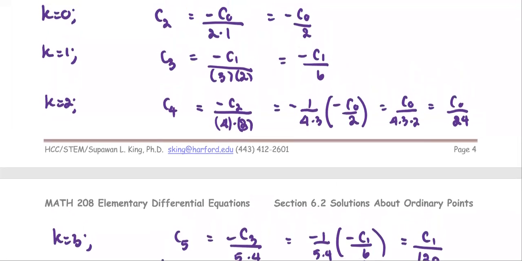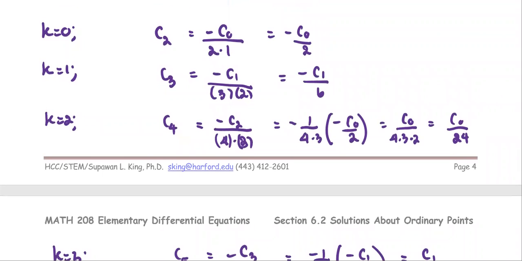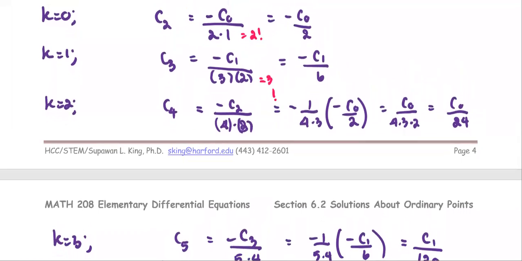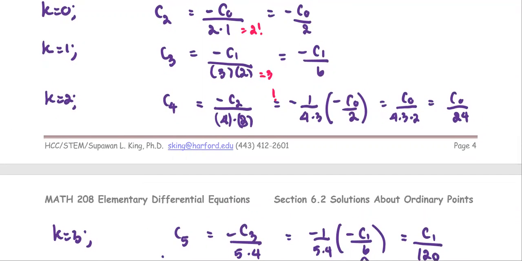As you recognize the pattern of the denominator, the 2 times 1 is 2 factorial. The 6, which is 3 times 2, is 3 factorial. The denominator of C4 is 4 times 3 times 2, or 4 factorial.